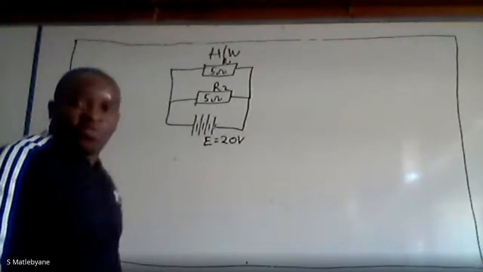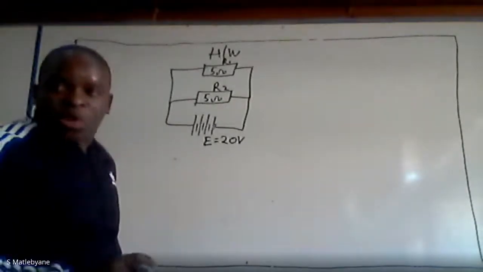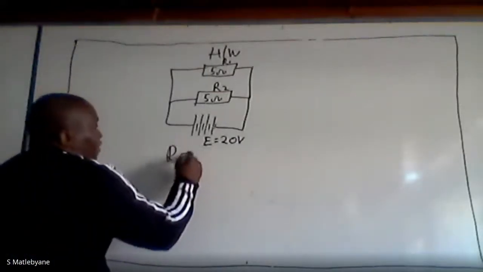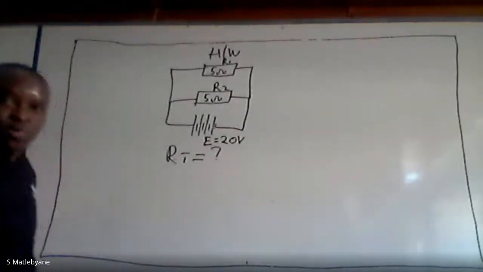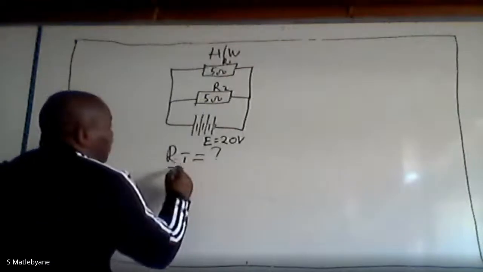So quickly draw the circuit. This is what you are going to calculate for me. You are going to calculate the total resistance. When you are done with the total resistance, you calculate the total current.